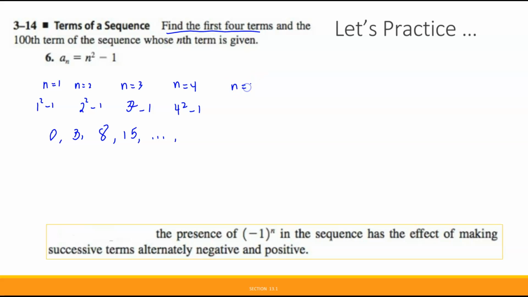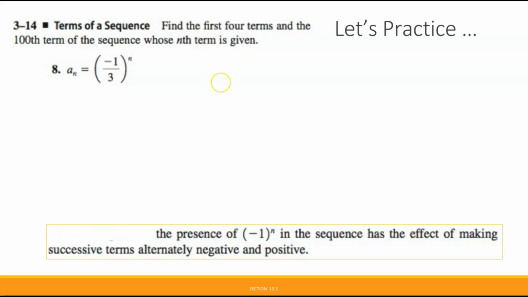They want us to maybe focus in on the 100th term. So that would be 100 squared minus 1. 100 squared would be 10,000. 10,000 minus 1 is 9,999. And we can continue on, again, as many terms as they want to see.